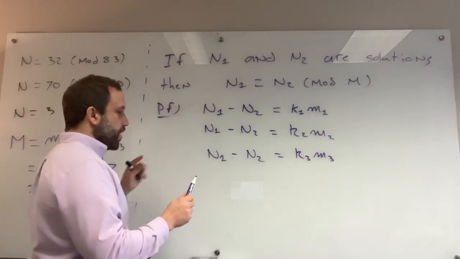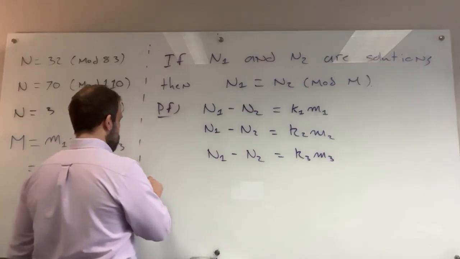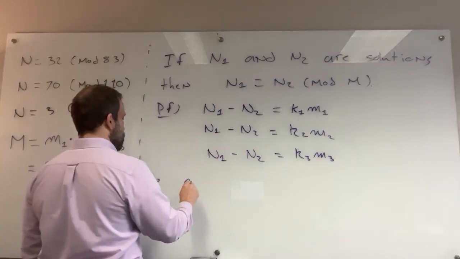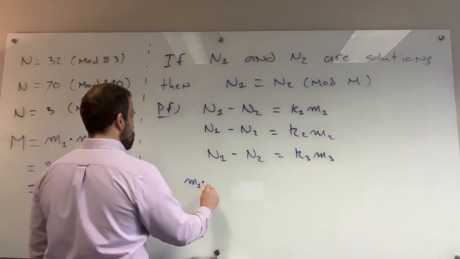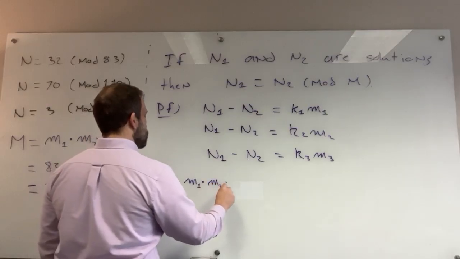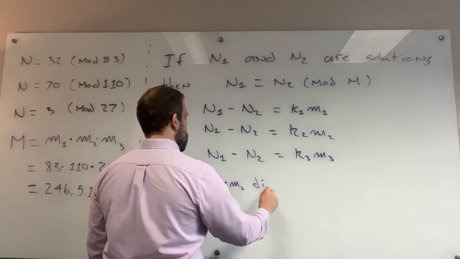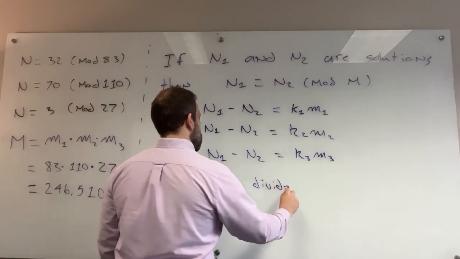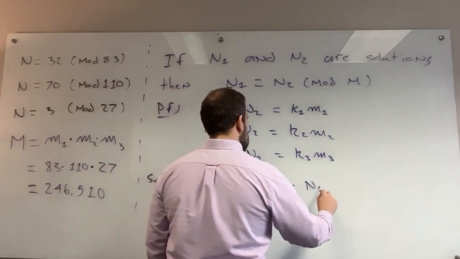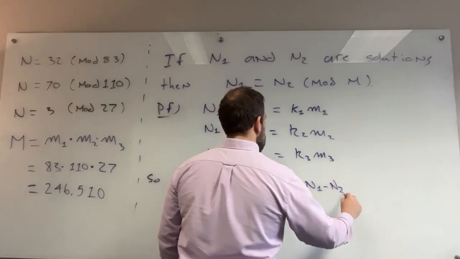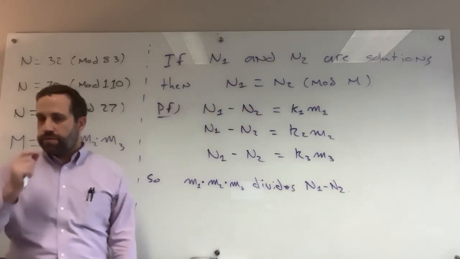Now, in general, what we want to conclude is that M1 times M2 times M3 divides N1 minus N2. That's what we want to conclude.